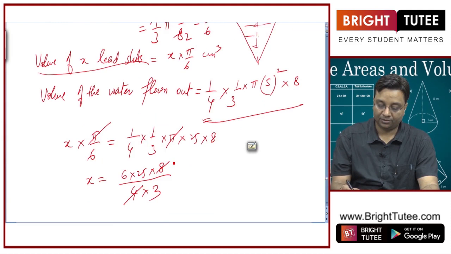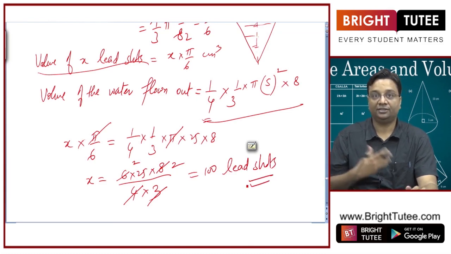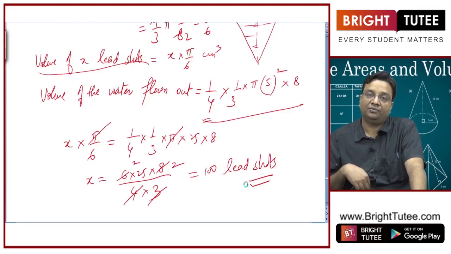So 4 2s are 8, 3 2s are 6, 25 into 2 is 100. So 100 lead shots, if you put inside this conical container, 1/4 of the water will flow out.